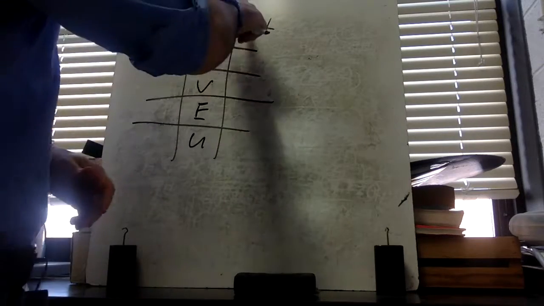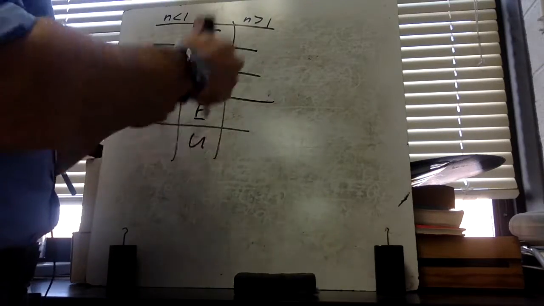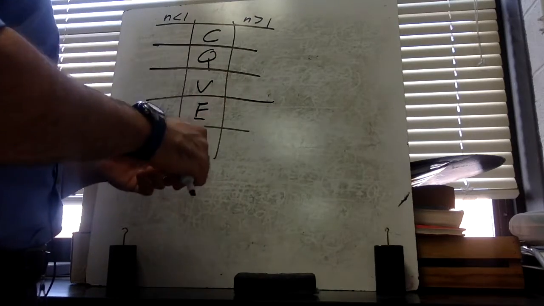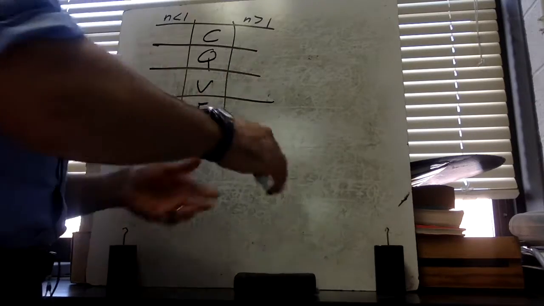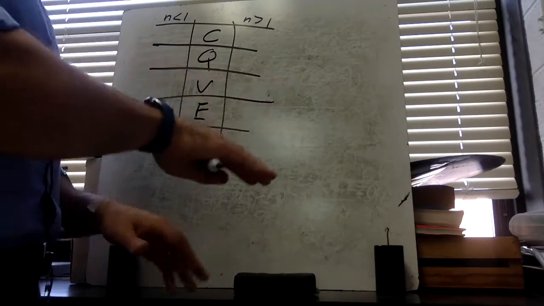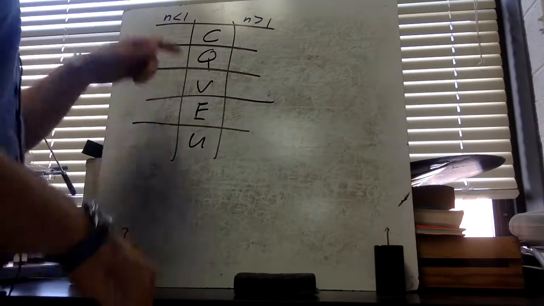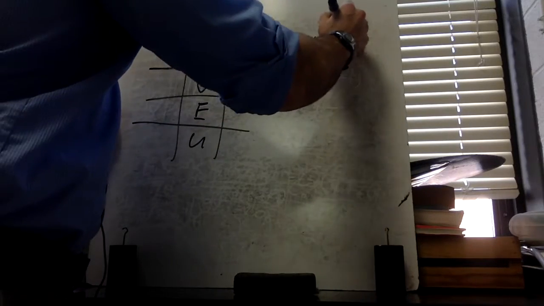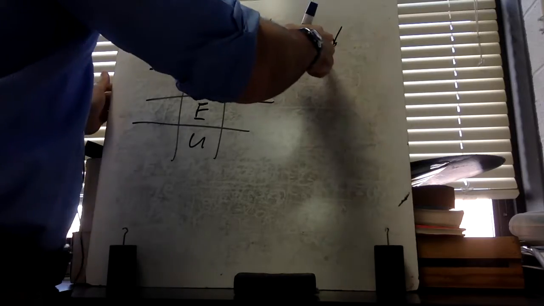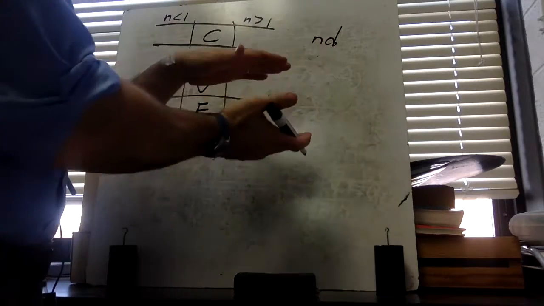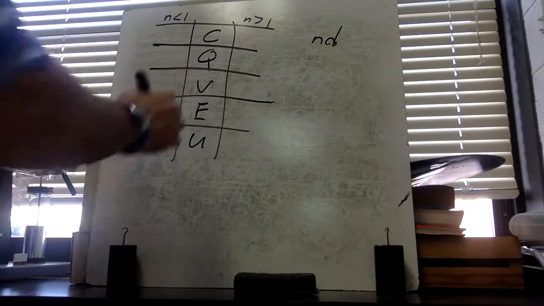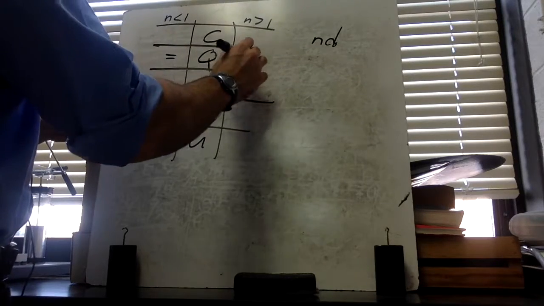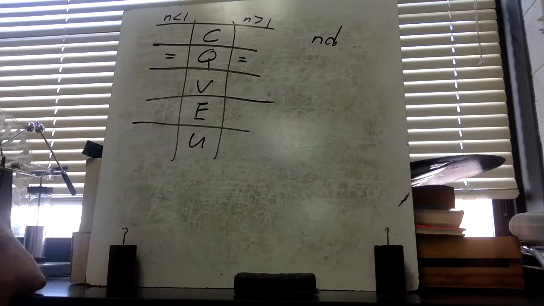So in this case, the new distance between them is nd. If n is greater than 1, that means we're making it more, right? It's getting farther apart. If n is less than 1, then the new distance, they're closer together, right? And so we know the Q is the same, because they're isolated.